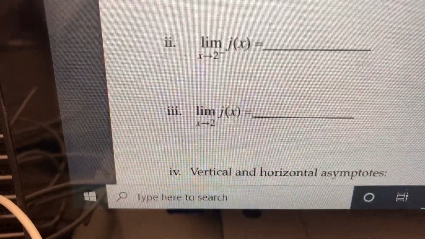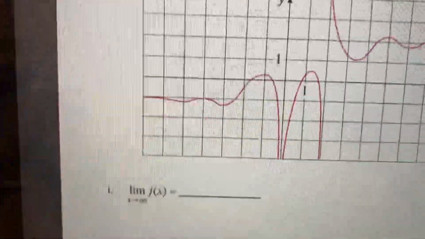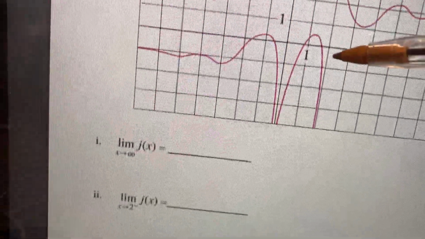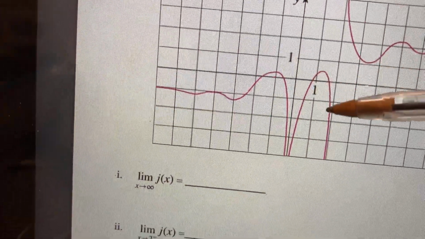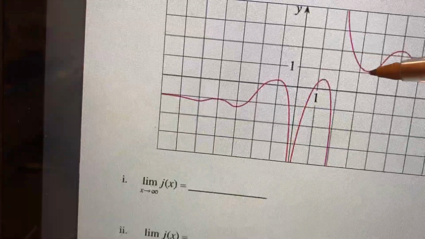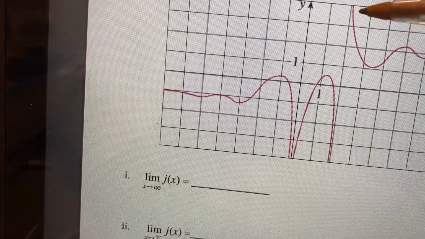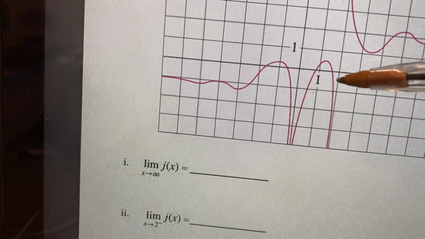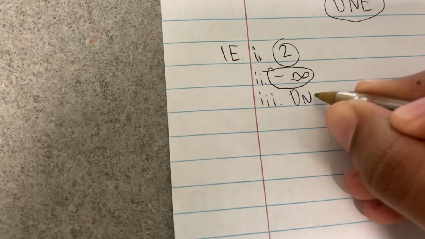Now for this one, the limit as x approaches 2, 2 is right here, but it's not from the left, it's just the limit. So since the left-hand limit goes to negative infinity and the right-hand goes to positive infinity, they're different, so they do not equal. The limit does not exist.